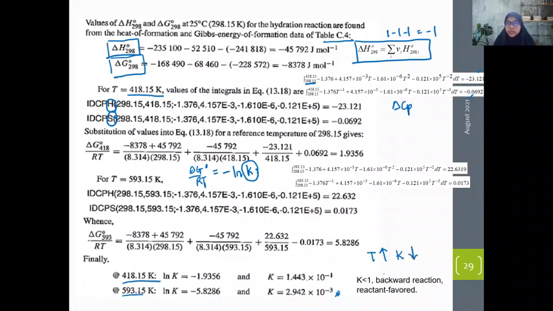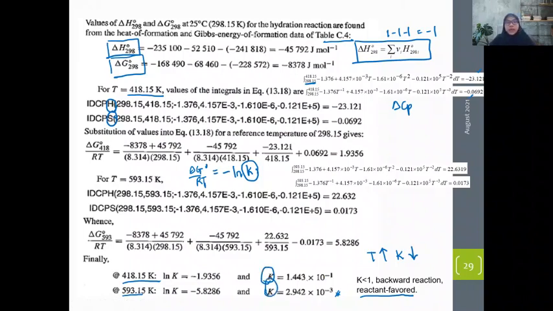So it has a backward reaction, or the reactant is favored, because K is lower than 1 at both temperatures. In the reactor, the reactant is more favored compared to the product. This is how we conclude the effect of temperature based on the equilibrium constant.